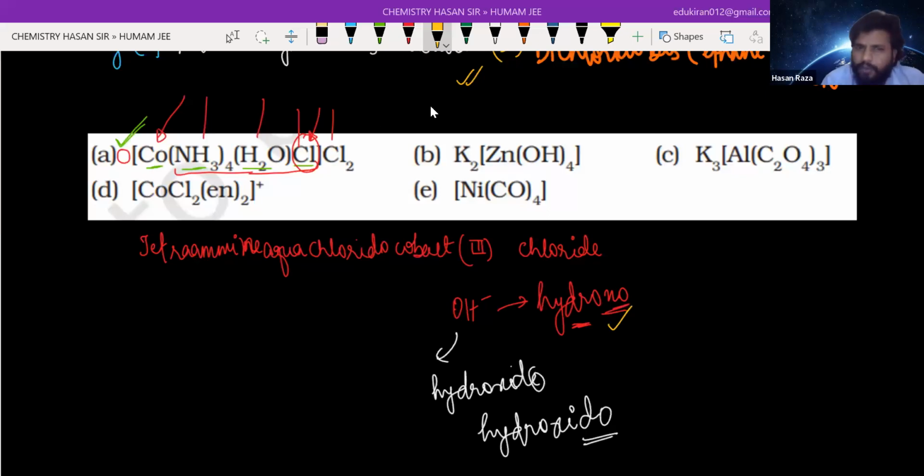Not dichloro. Dichlorido you are going to write now. This is a negative ligand, an anionic ligand. So dichlorido bis(ethane-1,2-diamine) cobalt 3. That's correct.